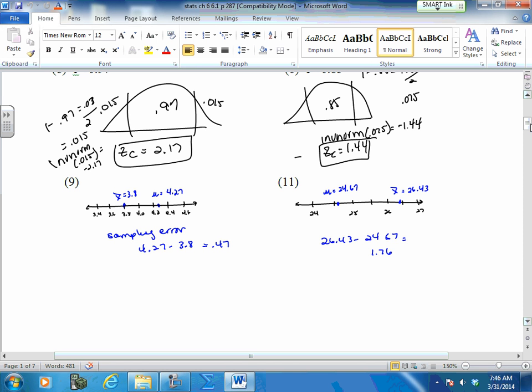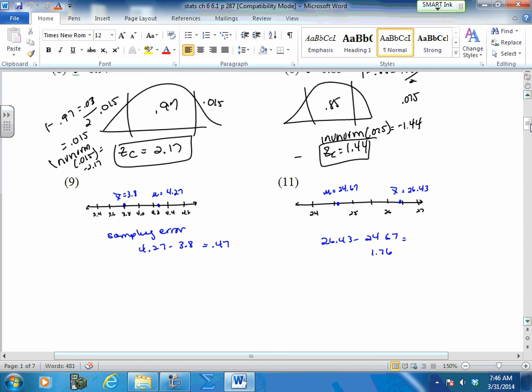Actually, just find the difference between these guys. It wasn't the greatest of questions, but you just had to find your sampling error, the difference between your population mean and your sample mean. It just kind of shows you can be off, and that you're usually off by your margin of error.